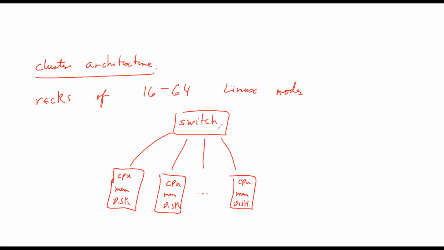So for instance, in the last decade, it's been estimated that Google had over 1 million computers like this. Not that they have one single cluster of 1 million, but that they might have multiple clusters. But they have 1 million computers, probably more than that, connected like this, okay?